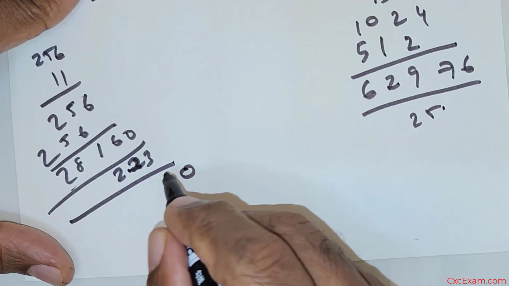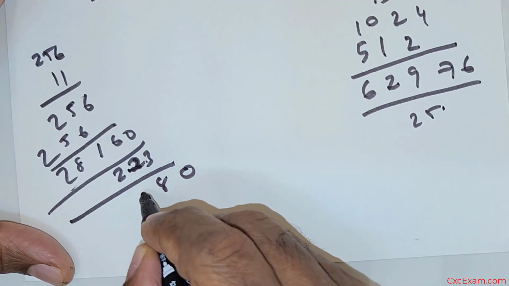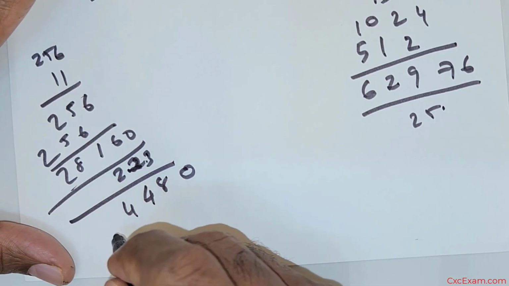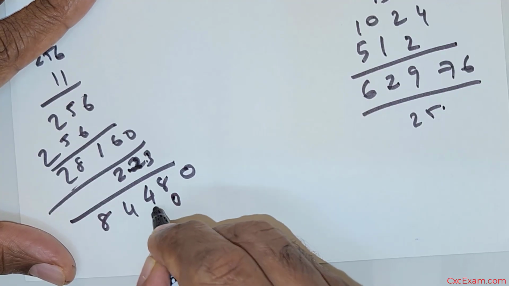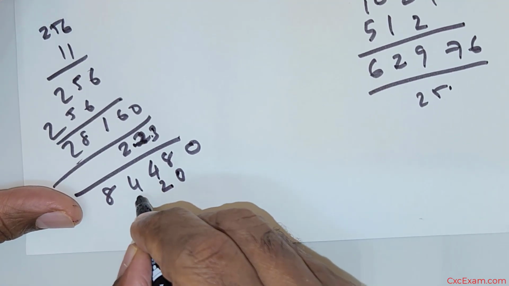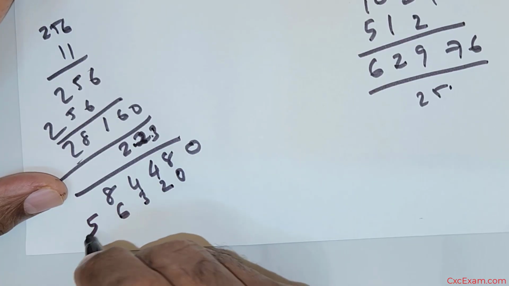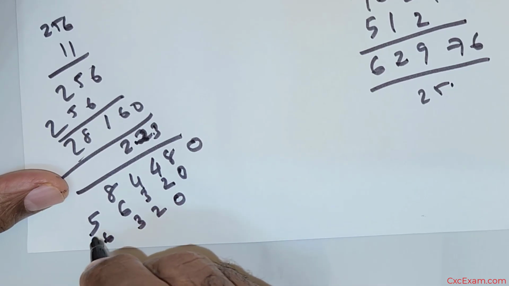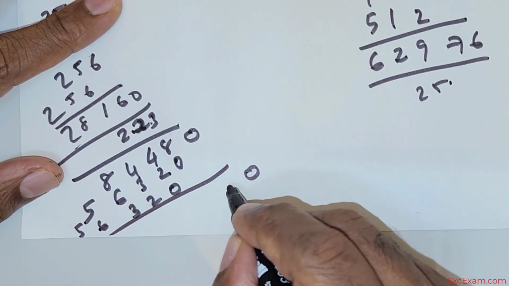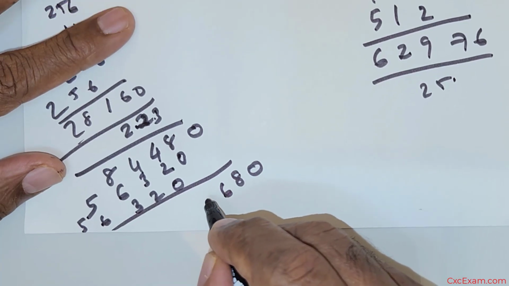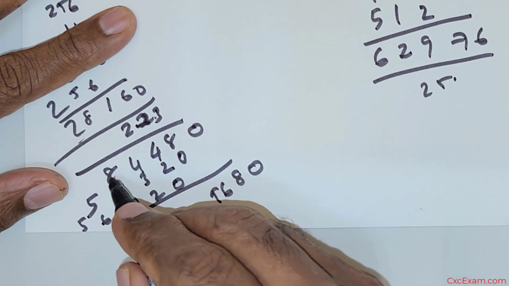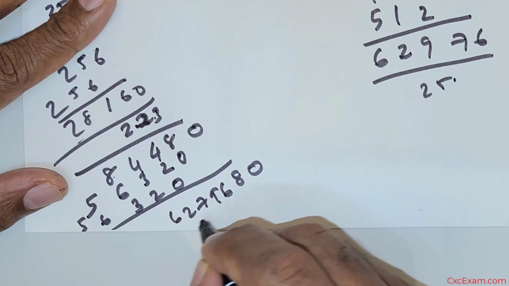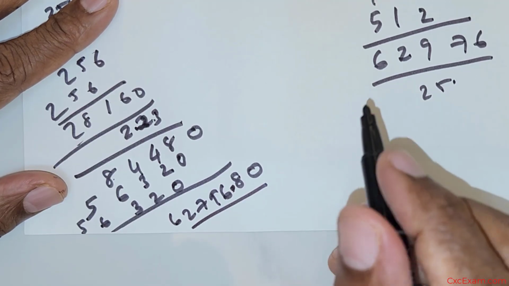Then, with 2 decimal places, this is what you get.